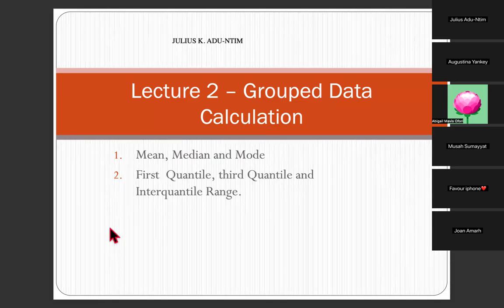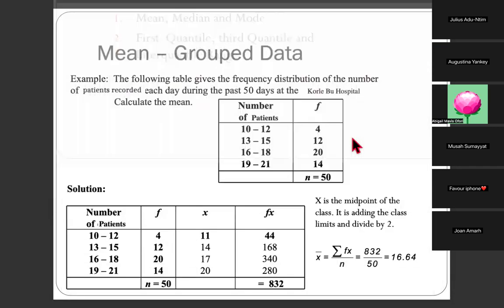Okay. So with this in mind, I think we already know what the mean, the median, and the mode is. And we also know what the first quartile, the third quartile, and then the interquartile range is. So all we're going to do today is to look at it from the group data perspective. When we say group data, there is data that looks like this.